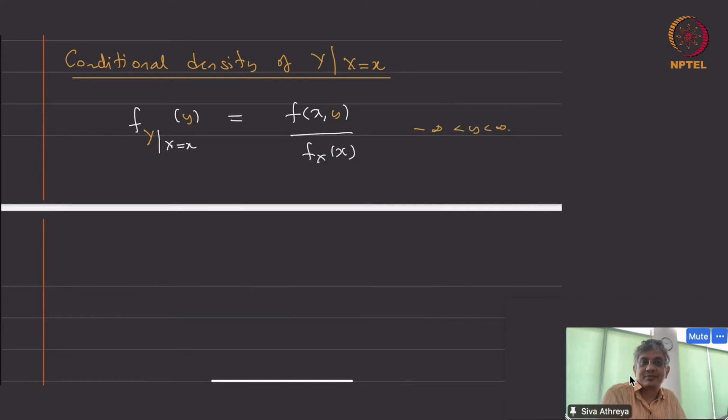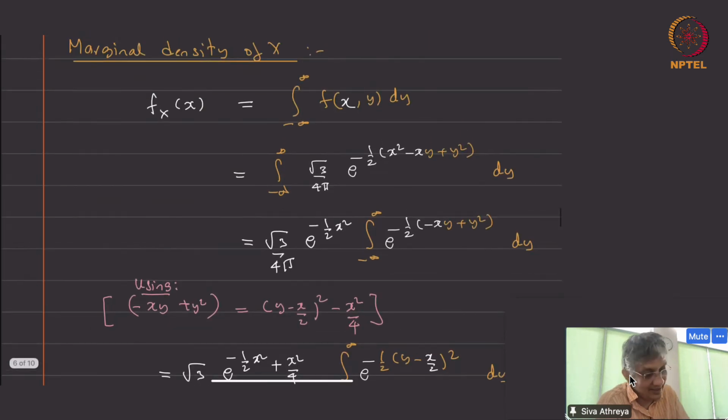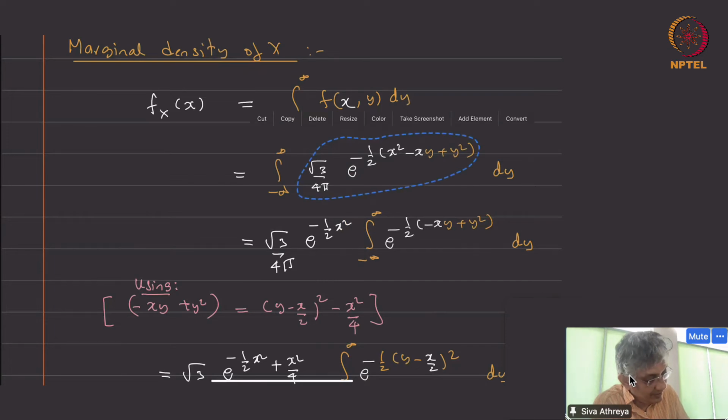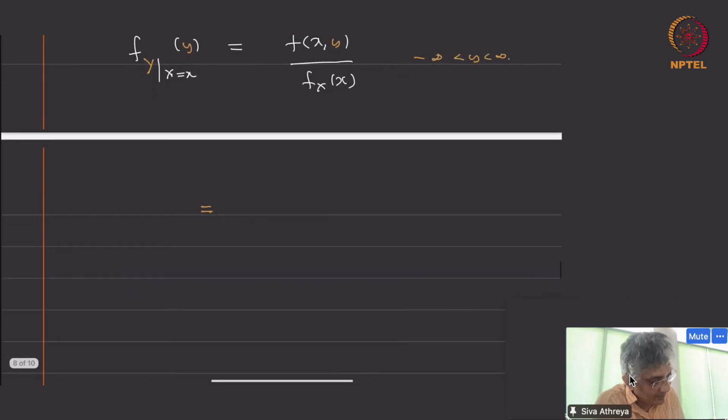Very good. So how do I compute this now? This is quite easy, right? Because I know the joint density. f of (x, y) we know. Let's go back up. It's exactly this guy. I copy it, come down here, and plug in f of (x, y). This is true for any x and any y in the real line.